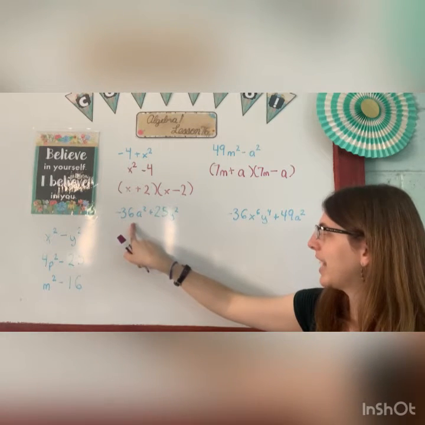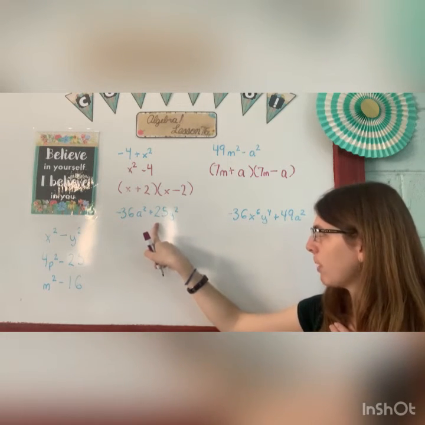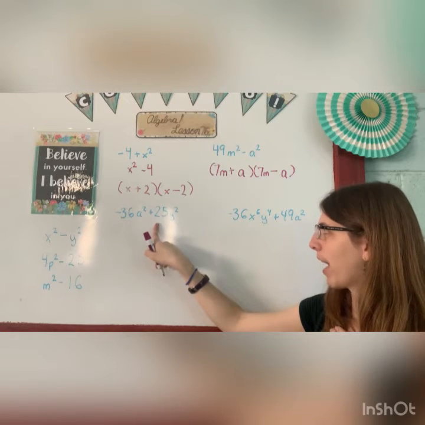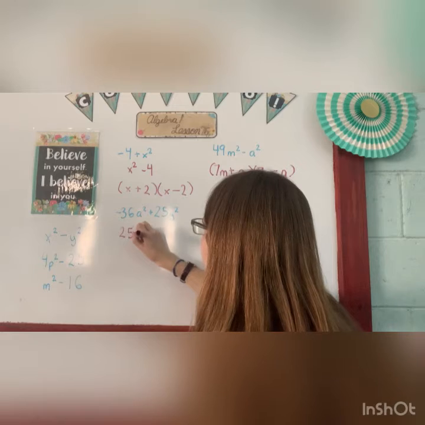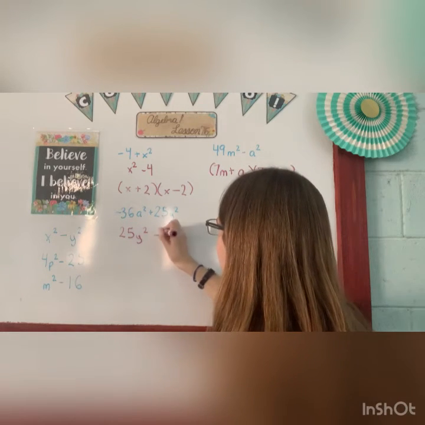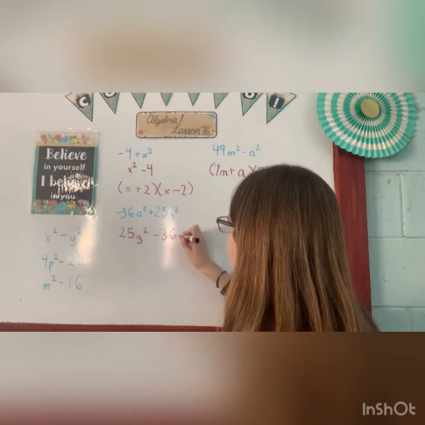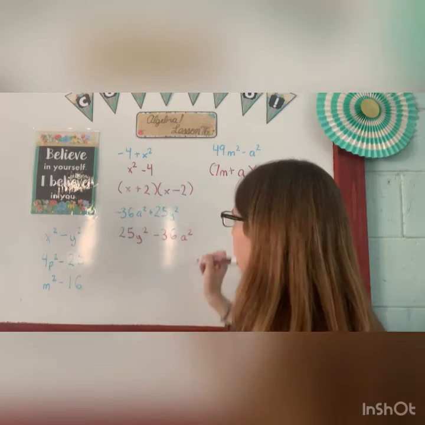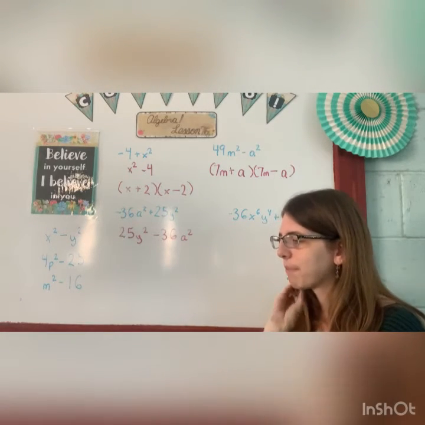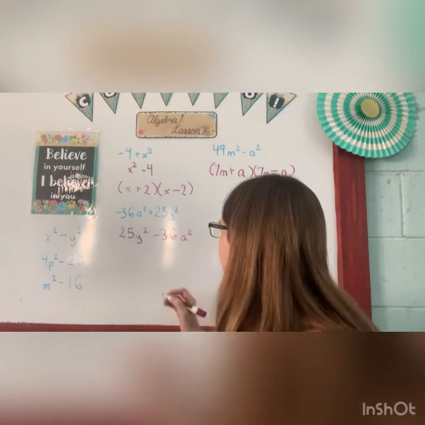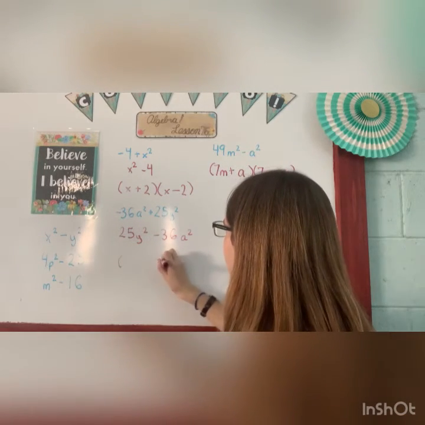All right, let's try another one: negative 36a squared plus 25y squared. I'm just going to reorder it so that my negative is in the back. Once again, you don't have to do that. You can just recognize that one is positive and one is negative, or you can reorder it like this. Okay, so I have both my parentheses set up.